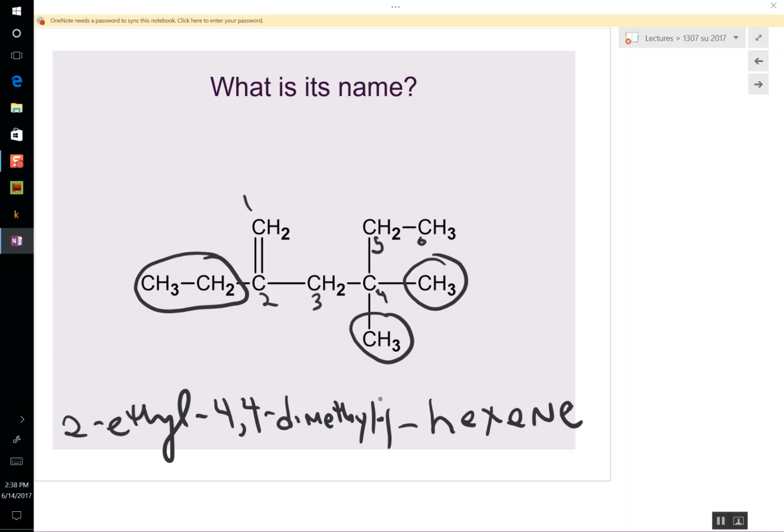But this is a 1, and that's an L at the end of methyl. So you need a dash between that L and that 1, and then another dash on the other side of it. That's why we need to really segregate our numbers from our letters in the name. Any question about that one?